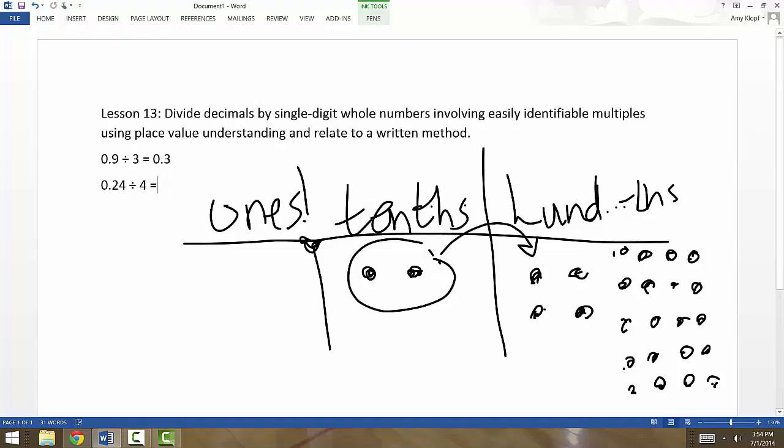Now we know that 4 times 6 is 24, so we should have 4 groups of 6.